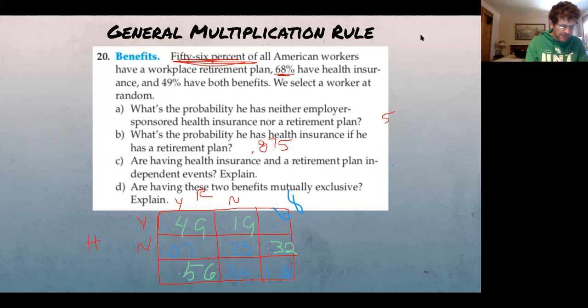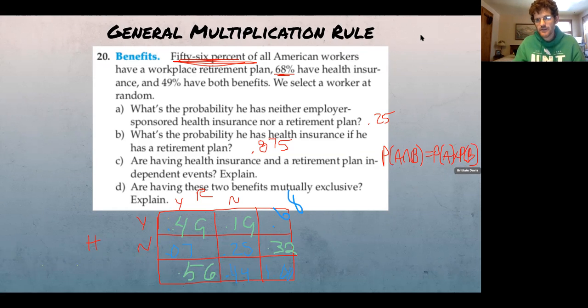All right, so we do have our regular multiplication rule that says the probability of A and B equals the probability of A times the probability of B if they are independent. This is on the assumption that they are independent.